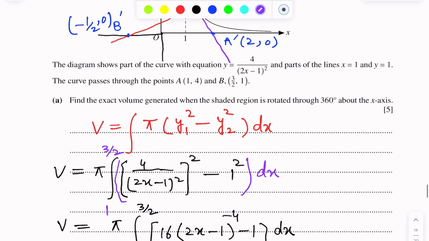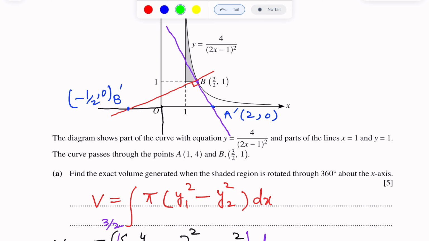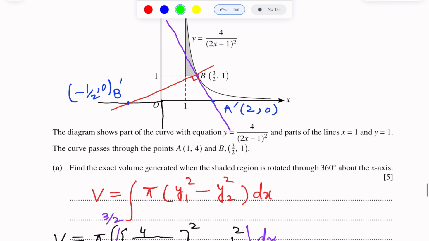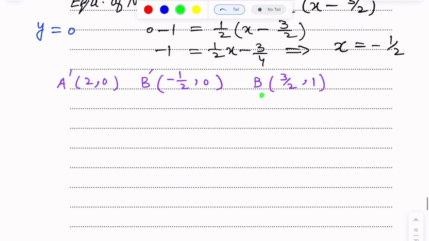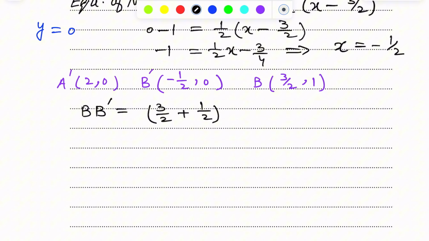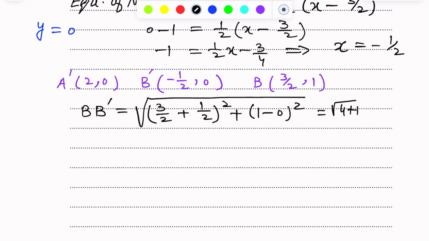First we will find B dash B by using the distance formula. Using the distance formula, B dash B will be the square root of 3 over 2 plus 1 over 2, whole square, plus y2 minus y1 whole square. Simplifying it, we get 4 plus 1 under root, that is root 5.